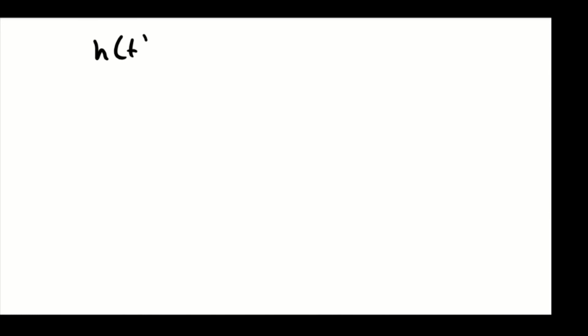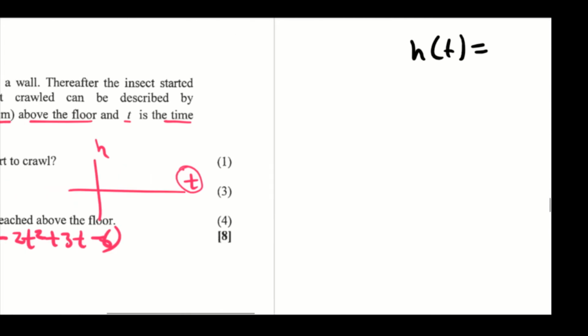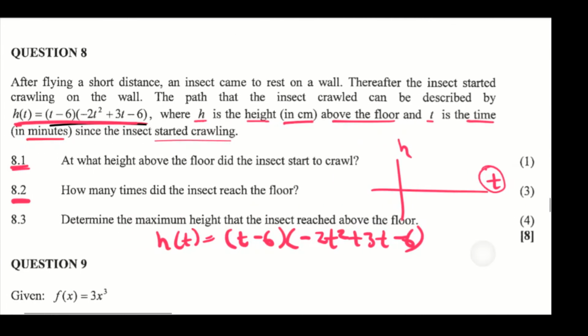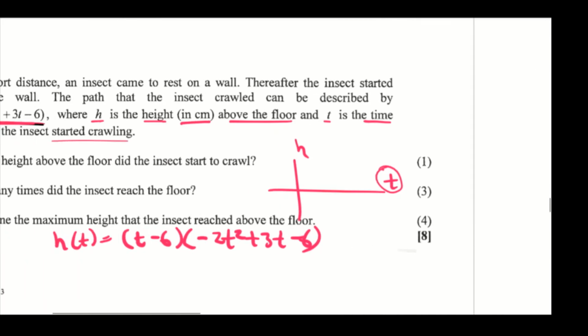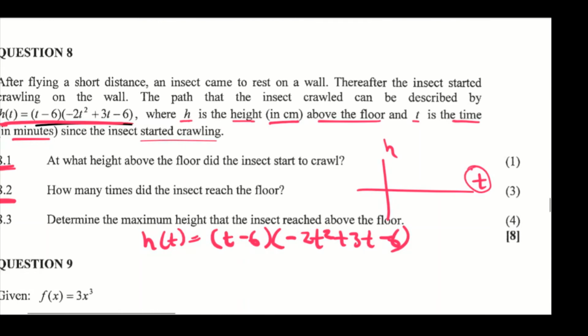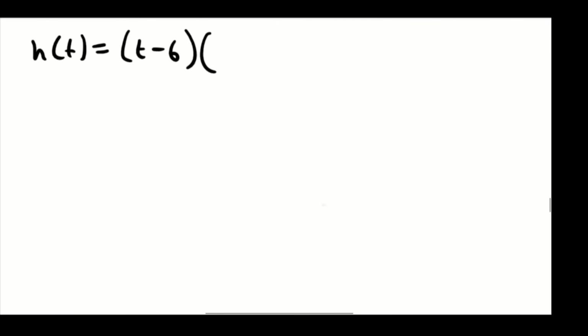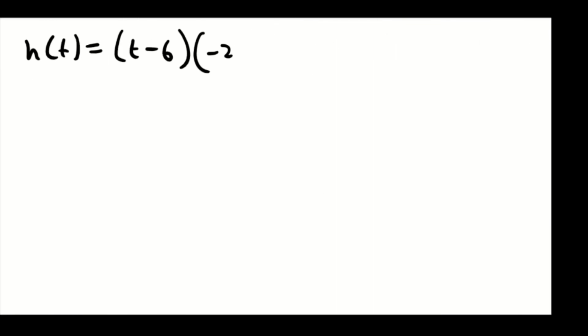So h of t is equal to t minus 6 and minus 2t squared plus 3t minus 6.